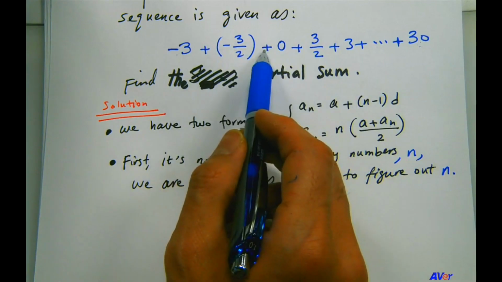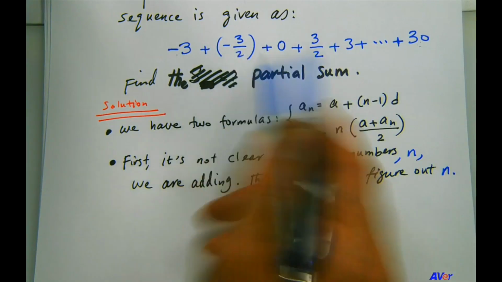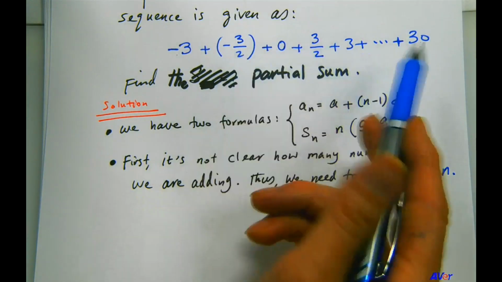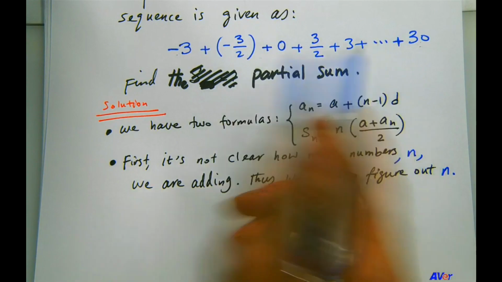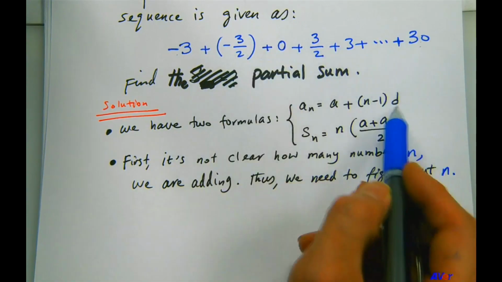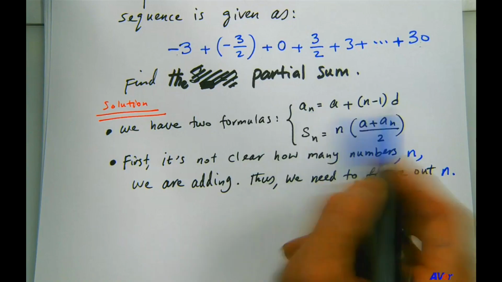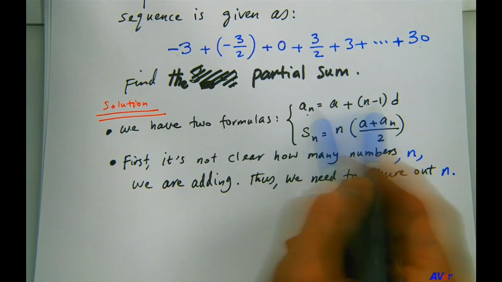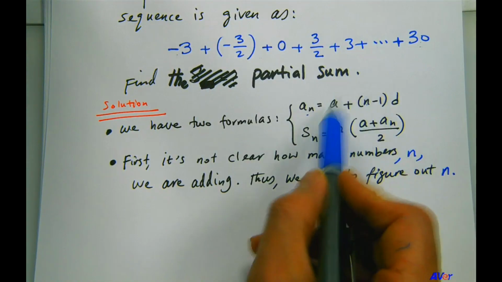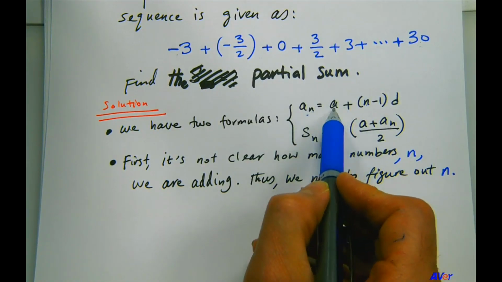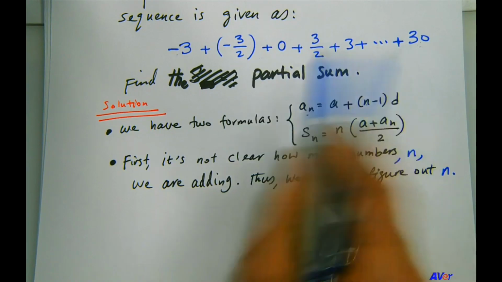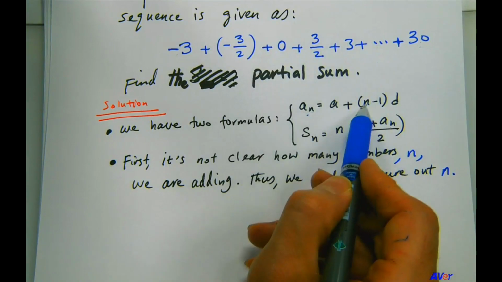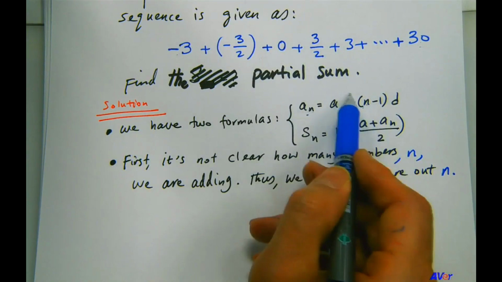I can tell you already it's going to be 3/2, because you can say 0 minus -3/2, it's going to be positive 3/2. So right there we know what d is. So we know everything in this formula except n. And we can figure that out. We can figure out from the first digit to the last digit in this set of numbers we have how many numbers exist there using this formula, and then plug it in here.